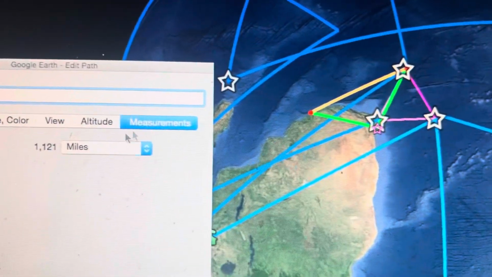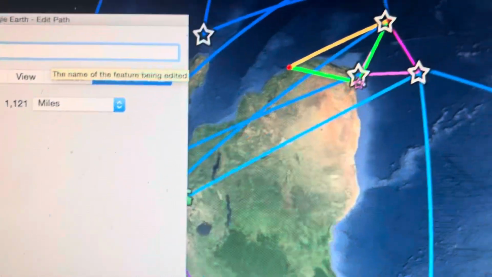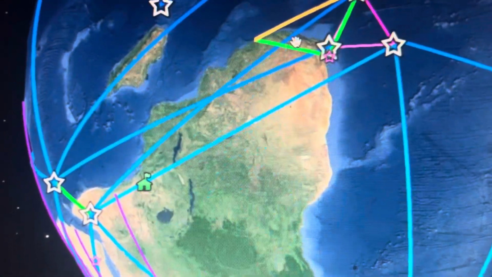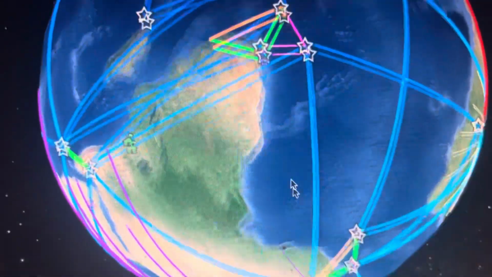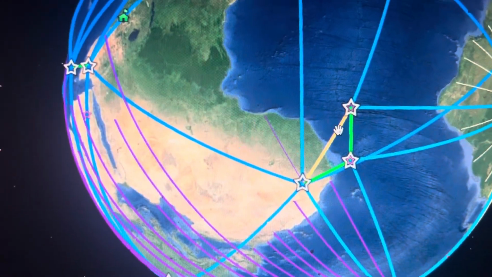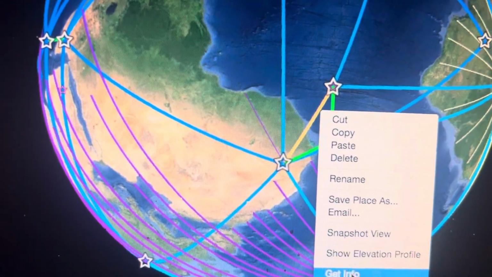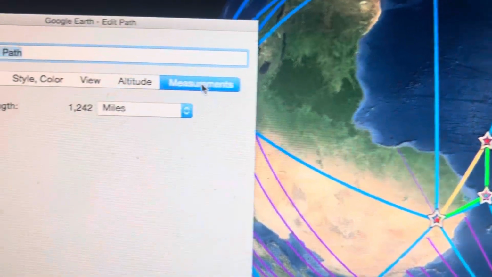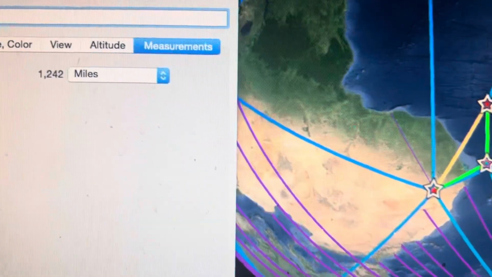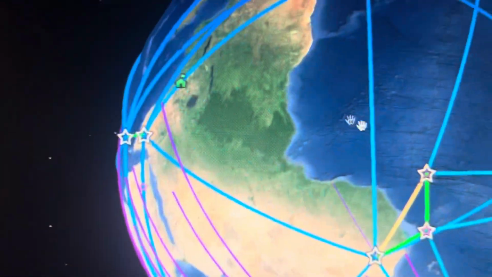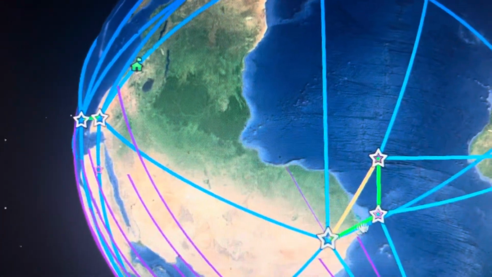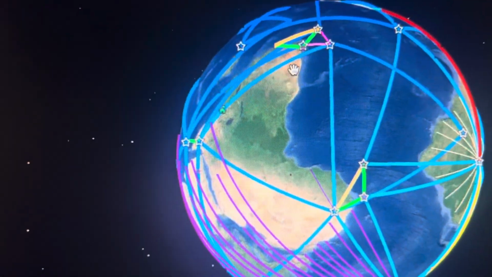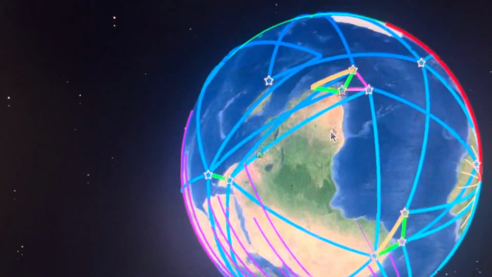So 1121, and then this one is 1242 miles. Those are isosceles triangles nonetheless, because those green ones are also equally 728 miles.